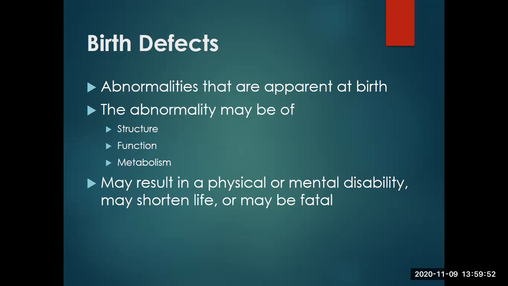Okay, so birth defects. Birth defects are abnormalities, and any baby that does have a birth defect is going to be very apparent at birth. This is one reason why you are going to be doing your evaluations and your assessment as much as you have seen in the other two chapters, because again, you want to see if there are any deviations from the norm.